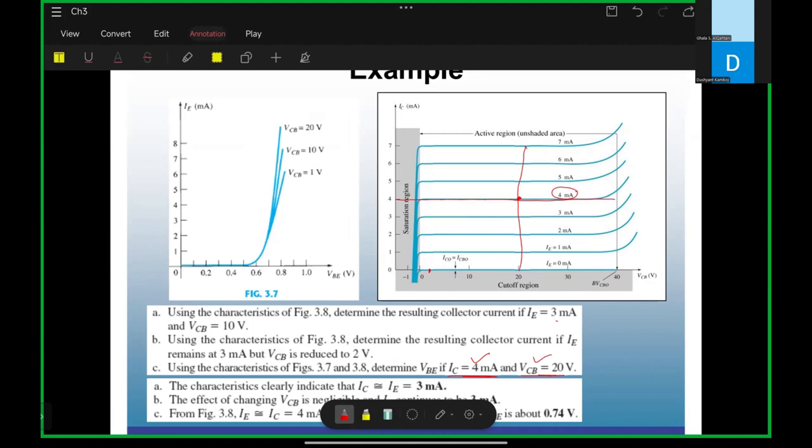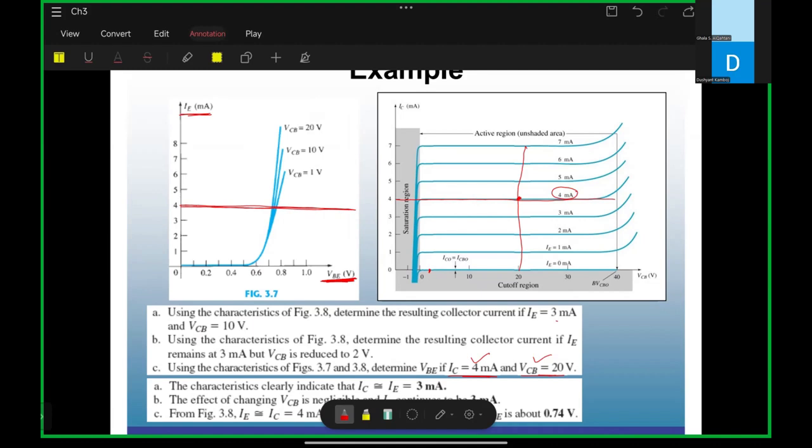Very good. Now back here into the first graph, because on this graph we can see the VBE. And you have to mark IE, which we calculated from the second graph, that is 4. So just draw the line like this, at 4 milliampere. Understood? Yes.